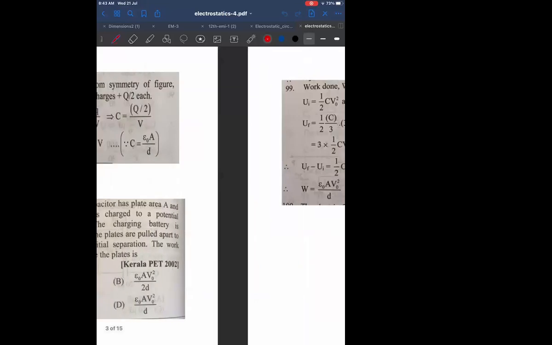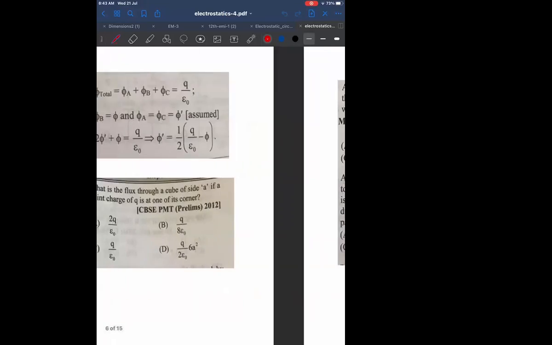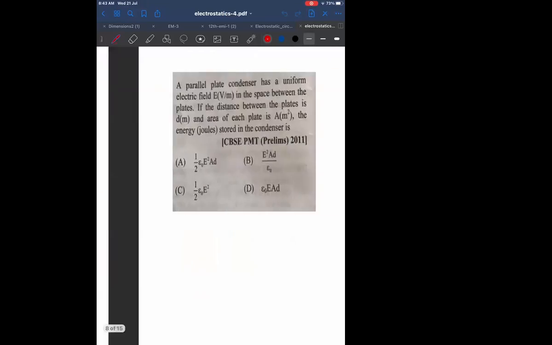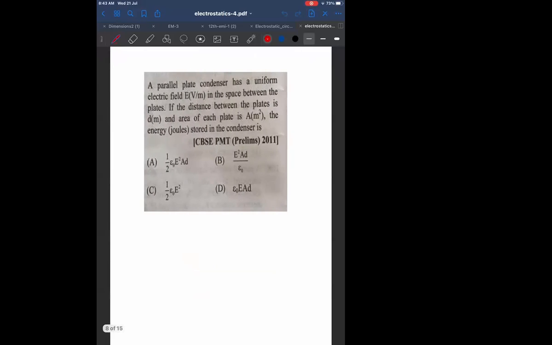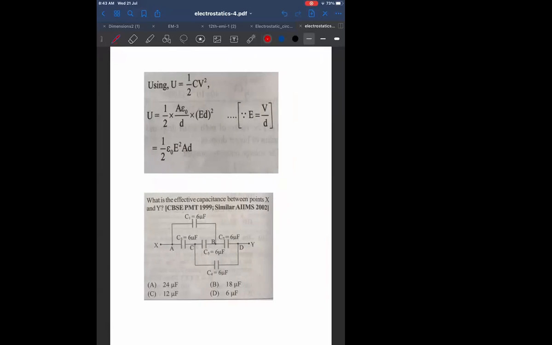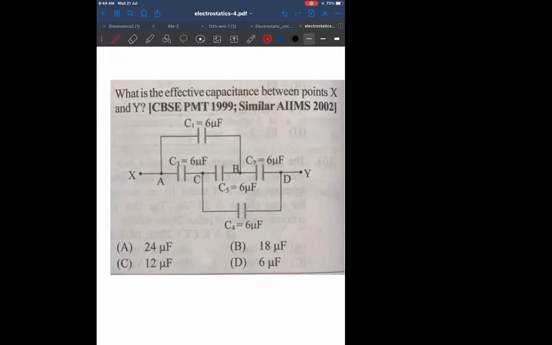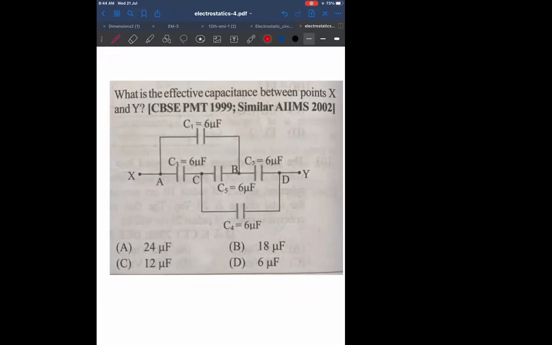Just 1 minute. Yeah. See, this is how they represent Wheatstone. Can you see the screen? Yes, sir. These two upper arm, these two lower arm, this is current in the galvanometer. This is how you know the Wheatstone network is given.